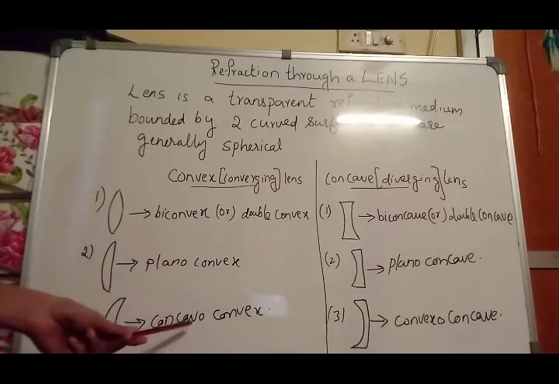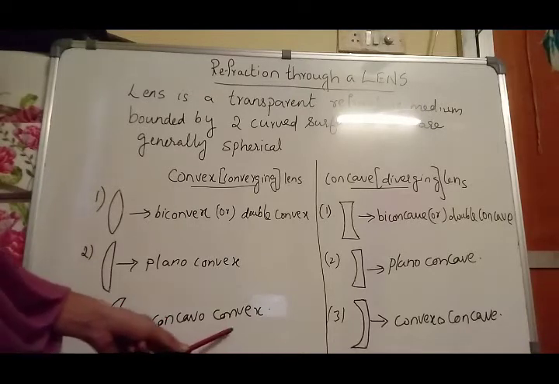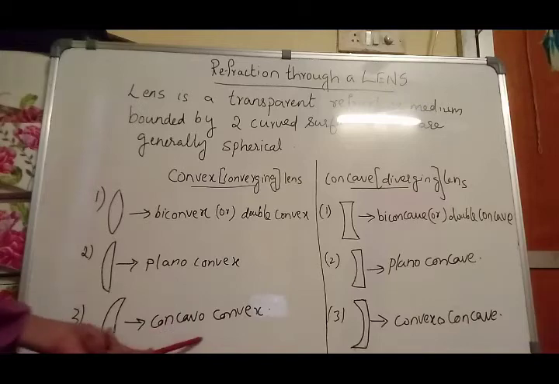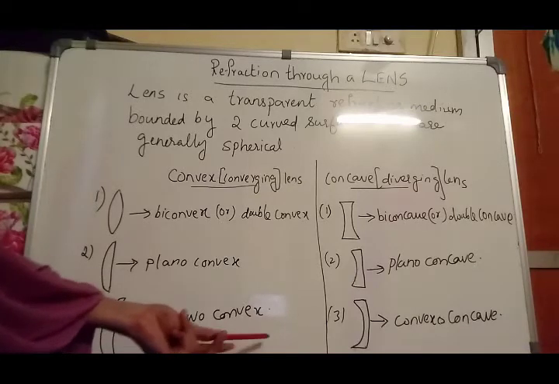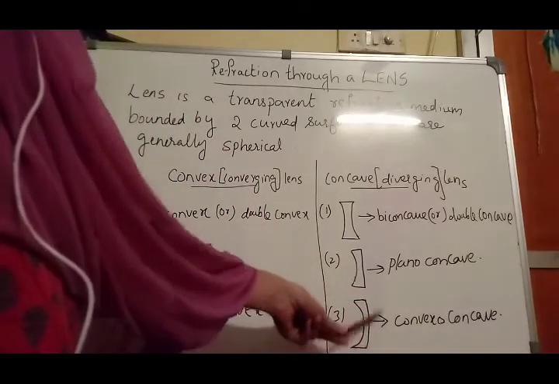Now the third category is concavo-convex. Concavo-convex means one side will be convex, the other side will be concave, and in a concavo-convex lens, the middle portion will be thicker than the peripheral or the end portion. Then we name that concavo-convex. Whereas in the case of convexo-concave, here also you have two curved surfaces.